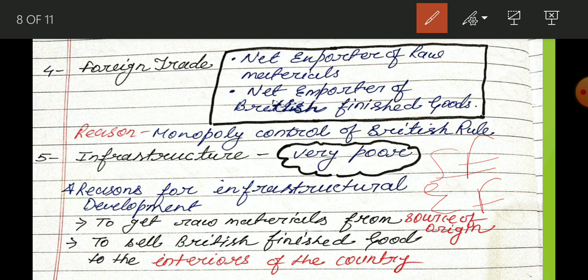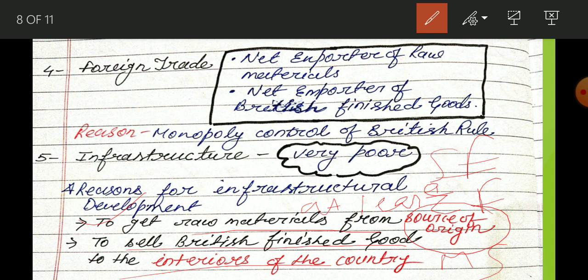Whatever infrastructural development Britishers made in India was only to fulfill two motives. First, to get raw material from the source of origin, and to sell British finished goods to the interior of the country, that is, to expand their market size, and to get raw material at the least price.